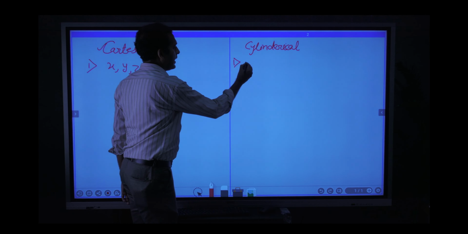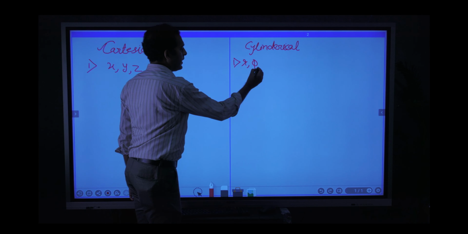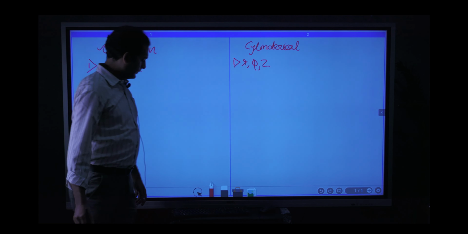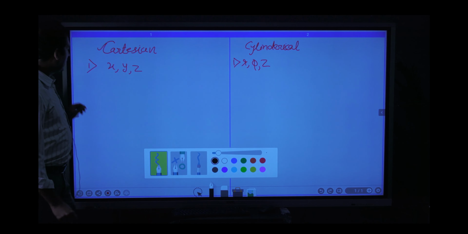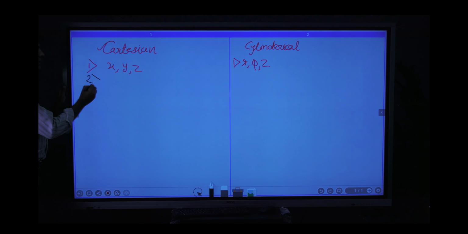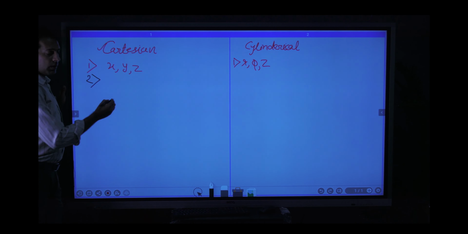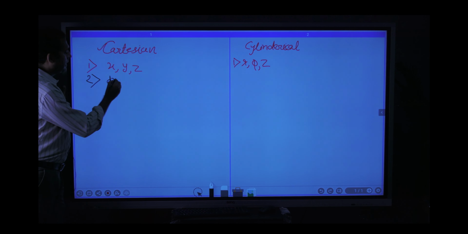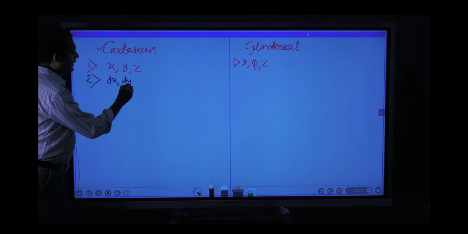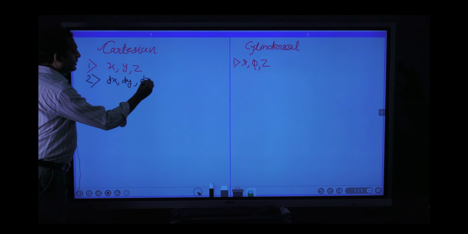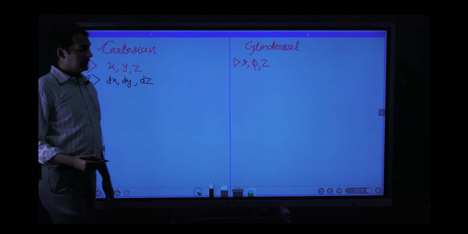In cylindrical we have r, comma phi, comma z. What is the second parameter? The differential elements. For x, we have dx. For y, we have dy. And for z, we have dz.